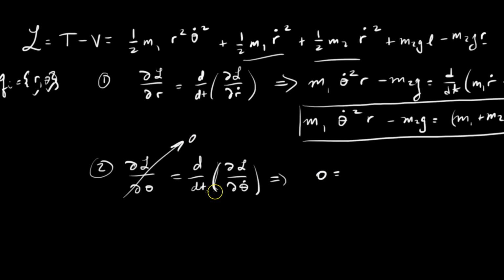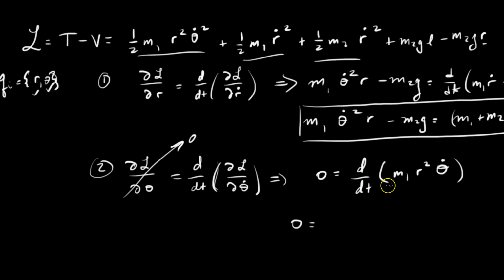So 0 is equal to the time derivative of this, which is just going to be m1 r squared theta double dot. Oh, sorry, no, it's not going to be that. I forgot the time derivative of dL/d theta dot. So the theta dot derivative is going to be m1 r squared theta dot.